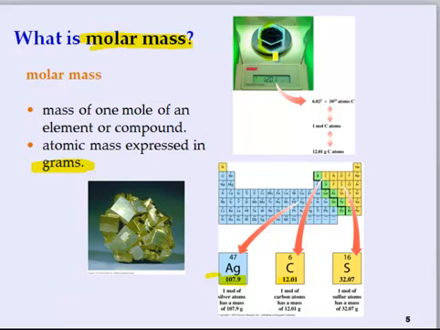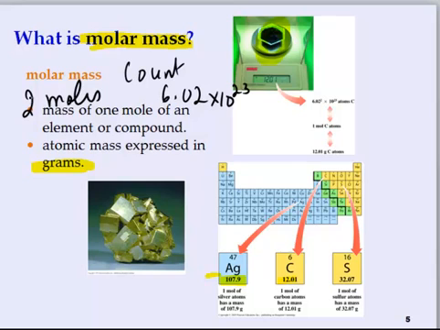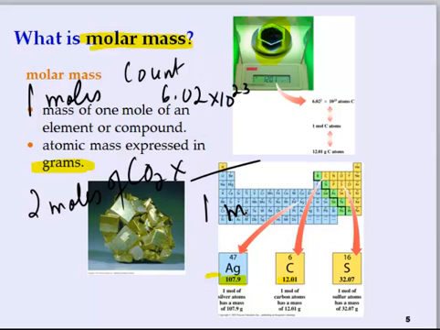Now you can almost see there's a powder up here. 2 moles would have a quantity, if you do the count, of 6.02 times 10 to the power 23. Actually, this is for 1 mole, so let me erase this. Okay, so 1 mole of carbon dioxide is 6.02 times 10 to the power 23. So if I want 2 moles of carbon dioxide, I would set it up with 1 mole on the bottom and 6.02 times 10 to the power 23 on the top.